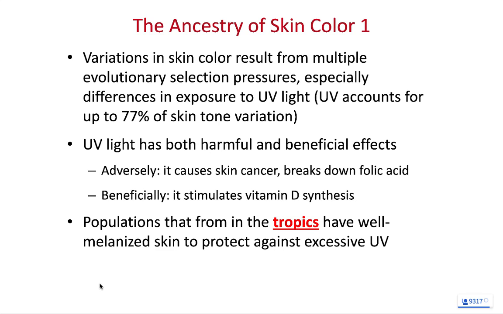So let's talk ancestry of skin color. Our skin color, our default pigmentation level in our skin, is determined by our genetics. Our genetics are determined by our parents, and their genetics were determined by their parents, so on and so forth, back through the generations. And generally speaking, depending on where our ancestors are from, that's a good indication of what our skin color is probably going to be.